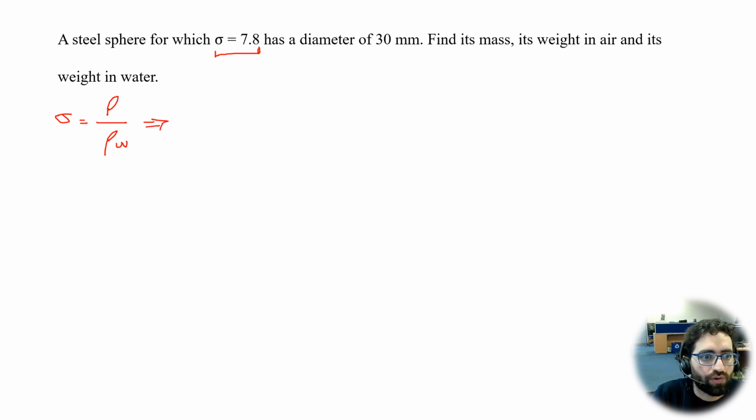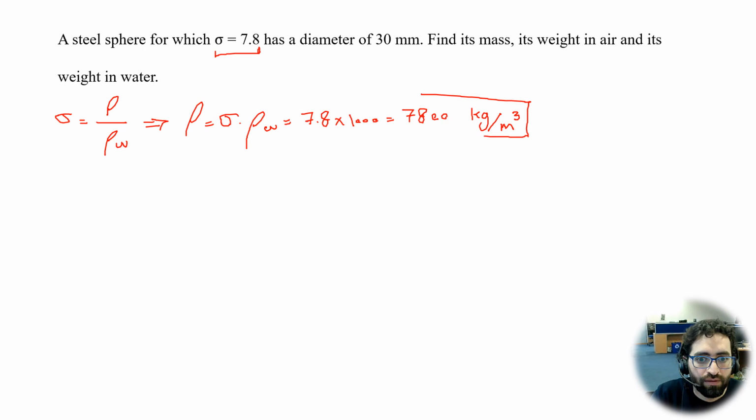So the density of our steel sphere is equal to sigma multiplied by the density of water, which is 7.8 times 1000, equal to 7,800 kilogram per meter cube. Please be aware of the units. It's important.